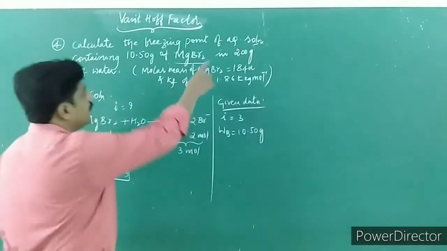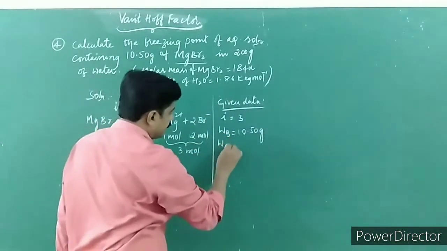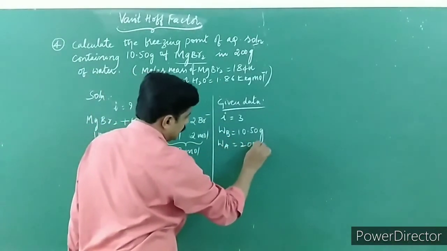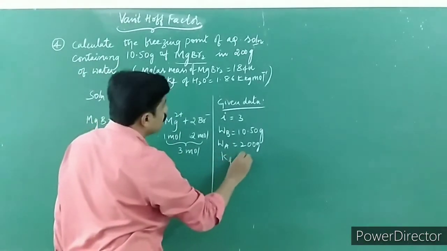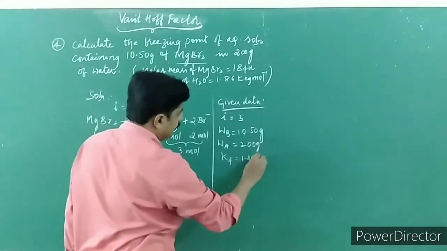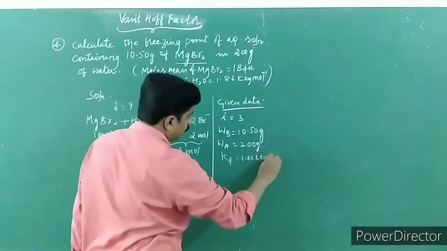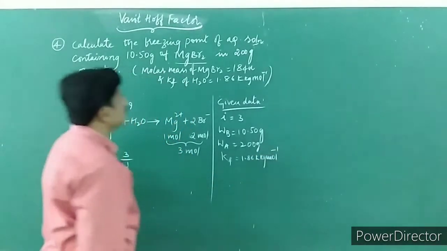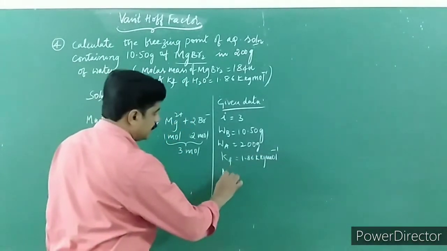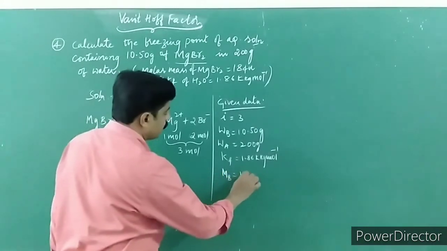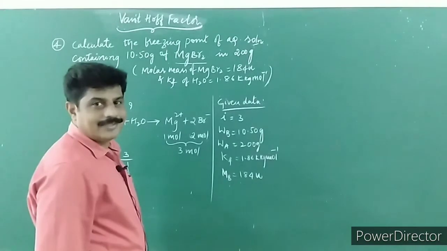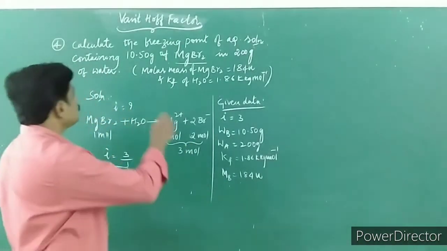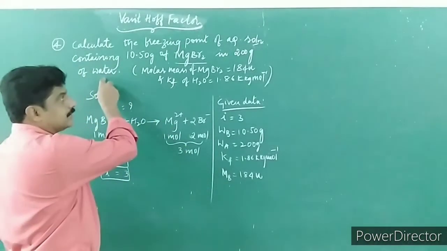Children, Wa is also given. How much? 200 grams. What else is given? Kf of water is given. Kf is equal to 1.86 Kelvin kg per mole. Then molar mass of magnesium bromide is given, that is equal to 184 unified mass. Is it not?